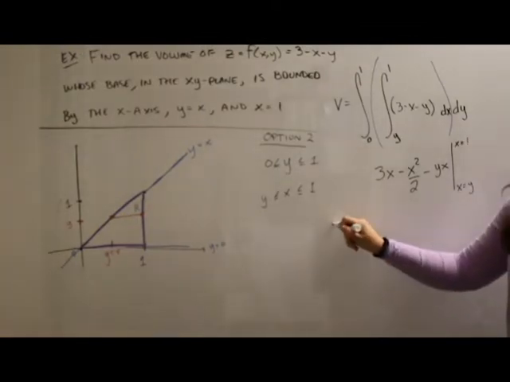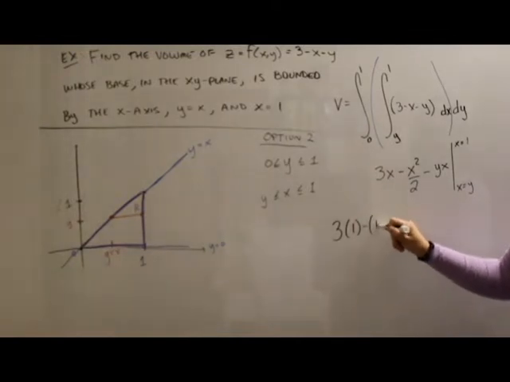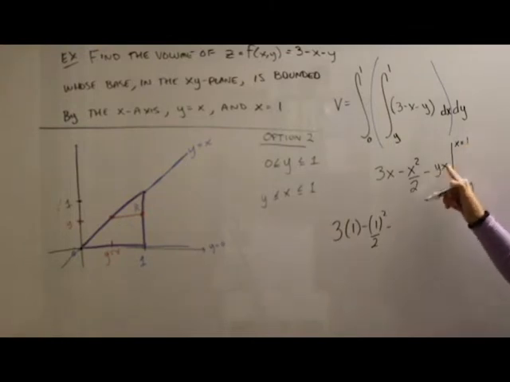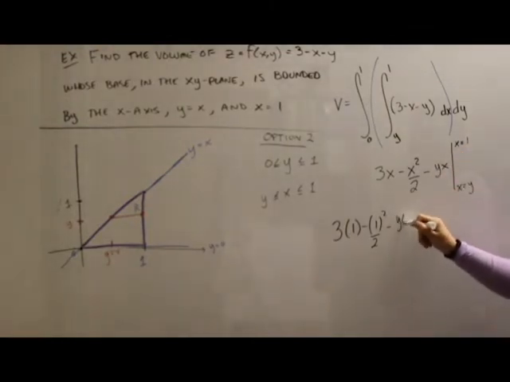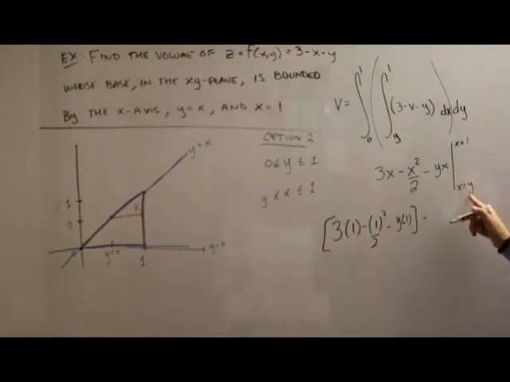Okay, so we have 3 times 1 minus 1 squared over 2 minus, notice you're plugging this in for x, so y times 1, all of that minus plugging in a y. So we have 3 times y minus y squared over 2 minus y times y.